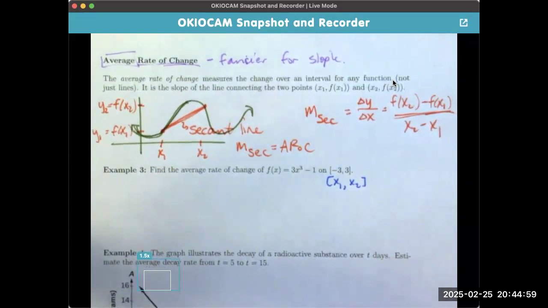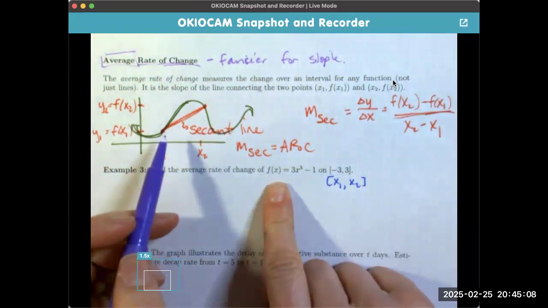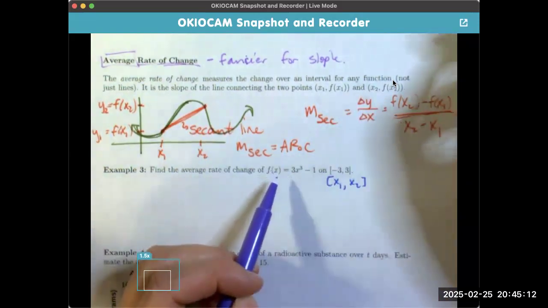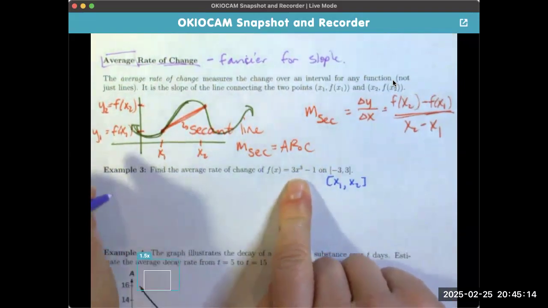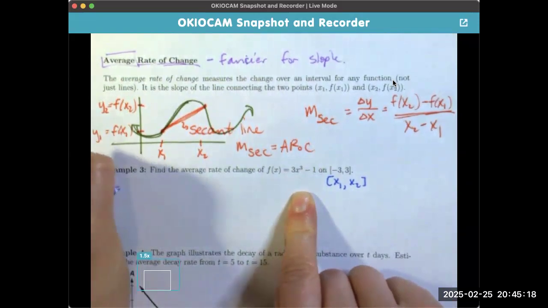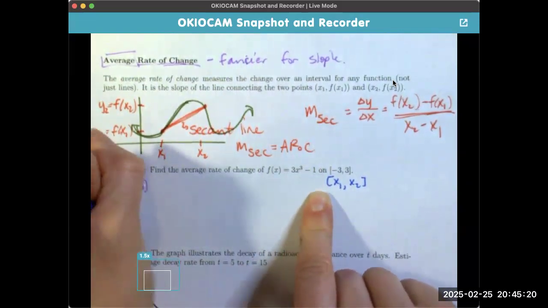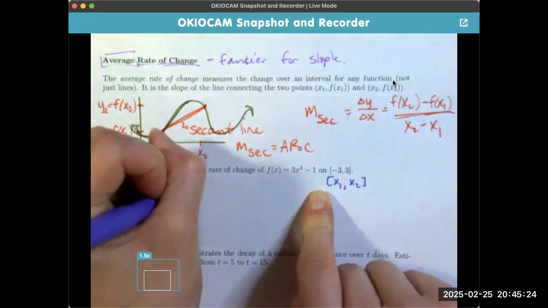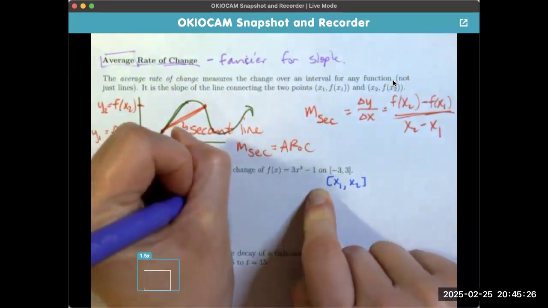Okay, so if I want to find the average rate of change for this from -3 to 3, well, here we don't have a picture. That's totally fine because I have the equation, which is sometimes even better. So f of x1 is f of -3, which is 3 times -3 cubed minus 1.